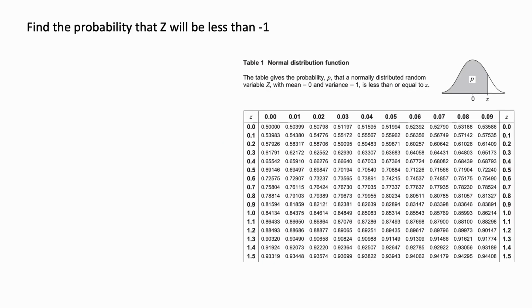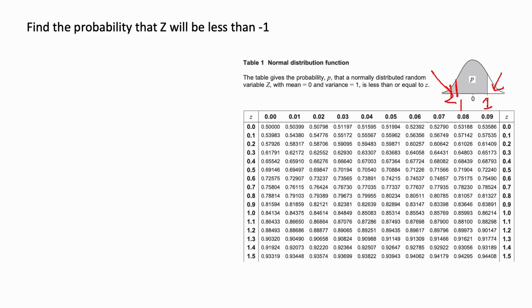So this is another example. In this case, we are looking at the probability that Z is less than -1. So here, this is where we use the symmetry of our curve. So imagine that this is 1 here and that this is -1, and we're looking for this part here, which we can see is the same as this size here.